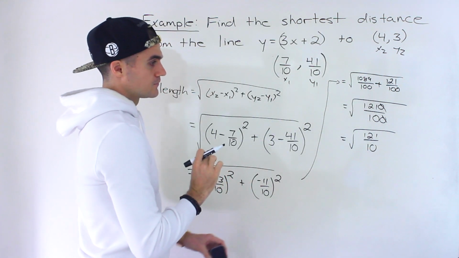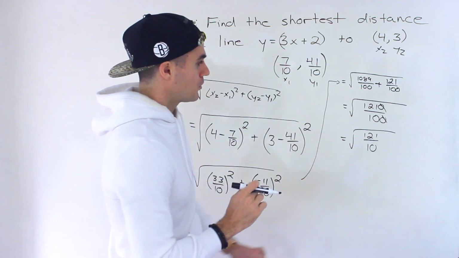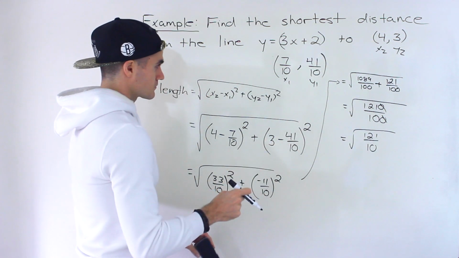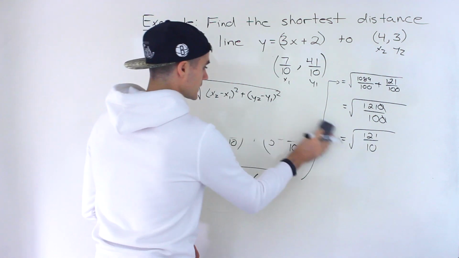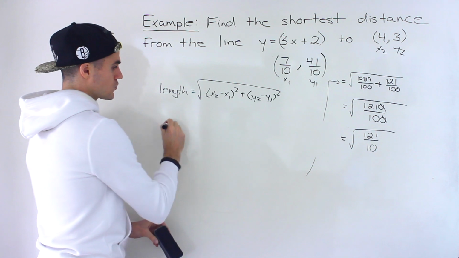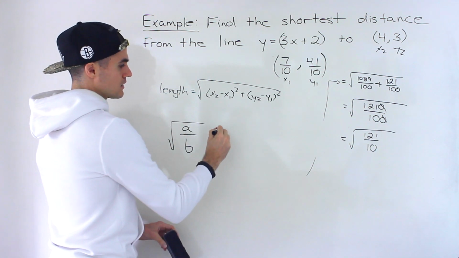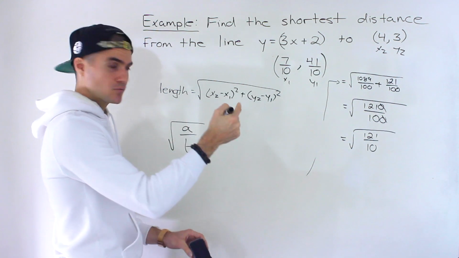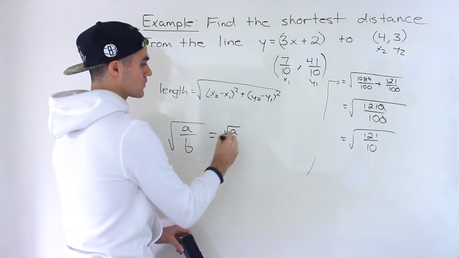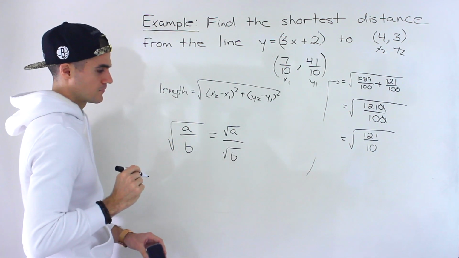Now from here, you can't simplify this fraction anymore, but what you can do at this point, just to bring back a rule, if you have the square root of a fraction, similar to that exponent rule that I showed you, you could take the square root of the numerator over the square root of the denominator. Right?